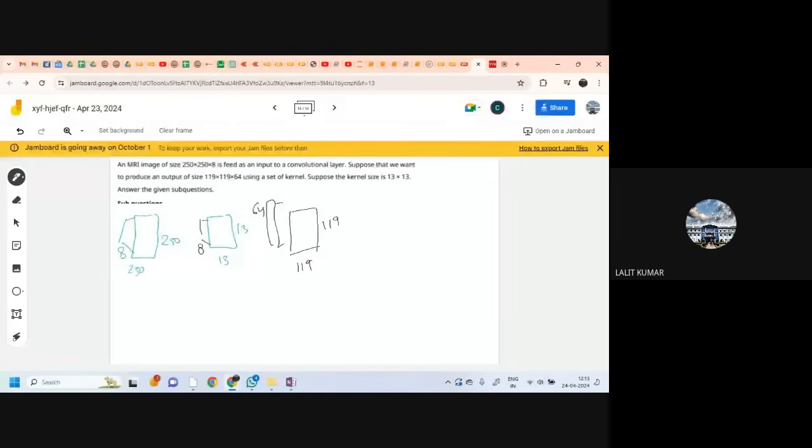Here we calculated S, and it came out as 2. Now the parameters will become 13 by 13 by 8 by the number of these layers 64, plus 64, because there will be a bias of 64. So plus 64.